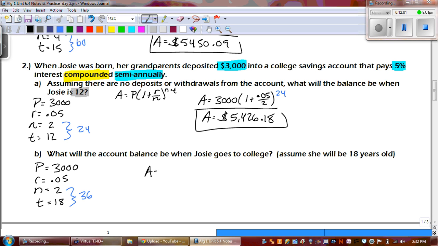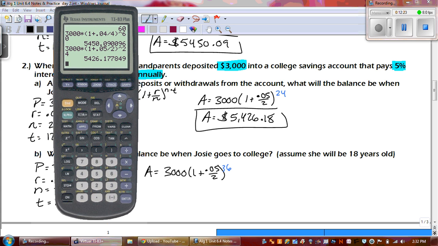So let's plug in the new numbers. Okay, let's see what we get. 3,000 times 1 plus 0.05 divided by 2 raised to the 36th power.